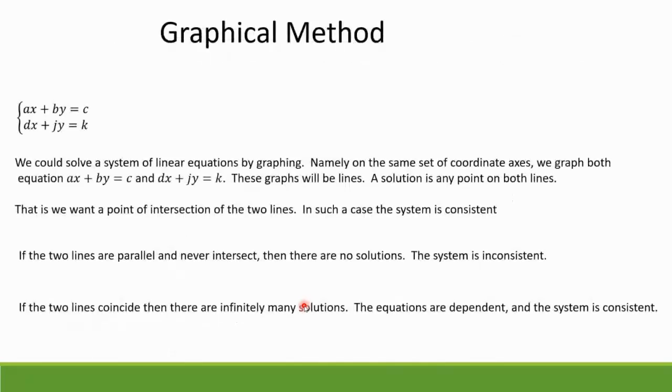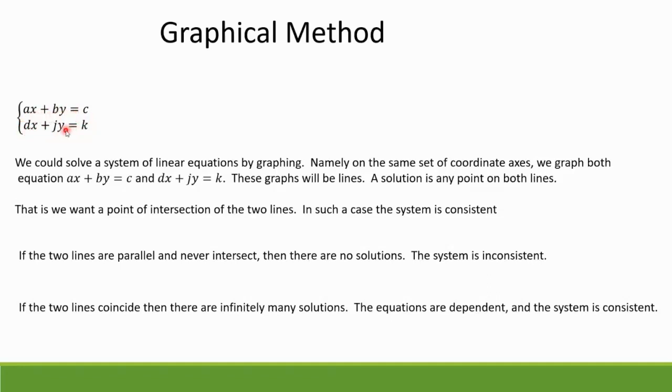Okay. Now another way to solve a system like this is graphing. We can solve a system of linear equations by graphing. If you look at these equations, you should see that these are going to be lines, right? Remember, the general form for the equation of a line is ax plus by equals c.